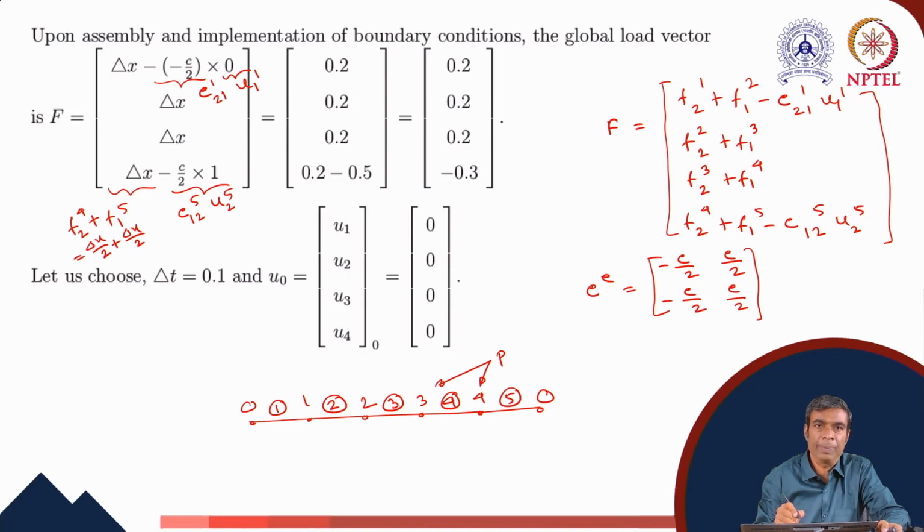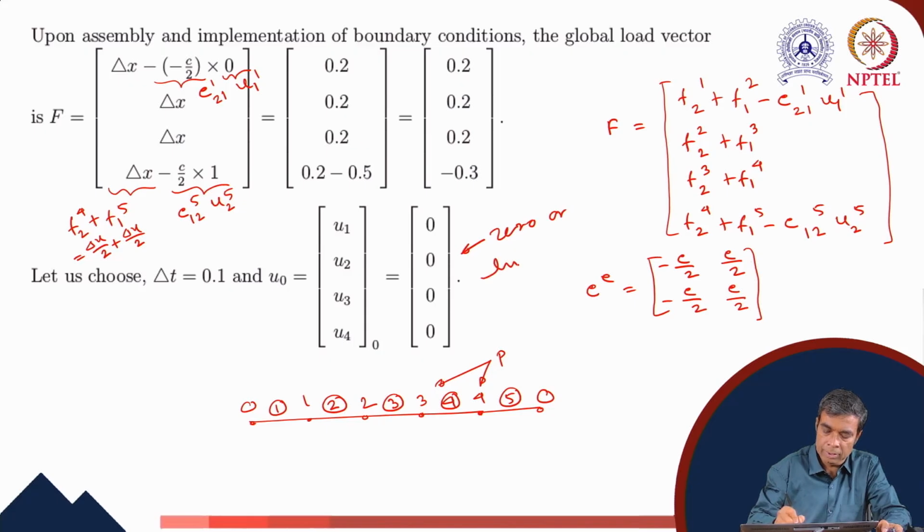So delta t we have taken little big, and then we have considered the trivial initialization. So 0 initial guess. So this is 0 or trivial initial condition for the degree of freedom U.